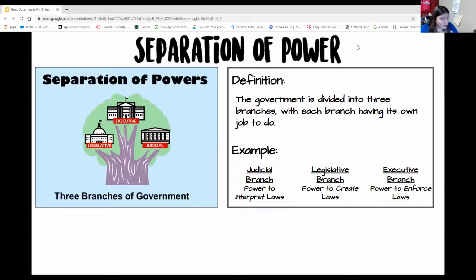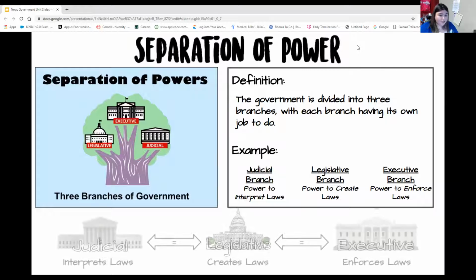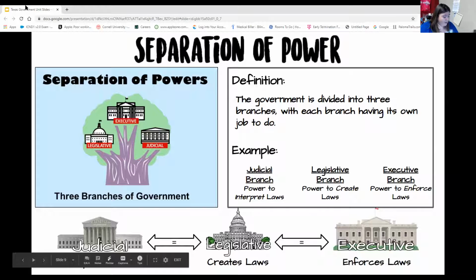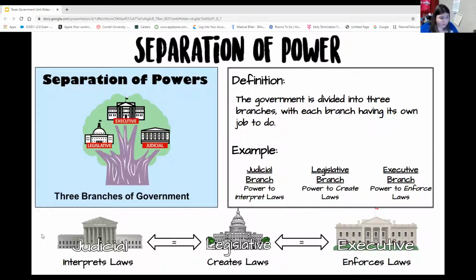Just remember, each one has its own particular action, and each one has specific parties that work with it to make sure that these branches are able to complete their jobs, as well as making sure that they don't get too much power. So again, you have your judicial, legislative, and executive. Each one is able to interact with one another, as well as each one is going to stop the other one from gaining too much power.